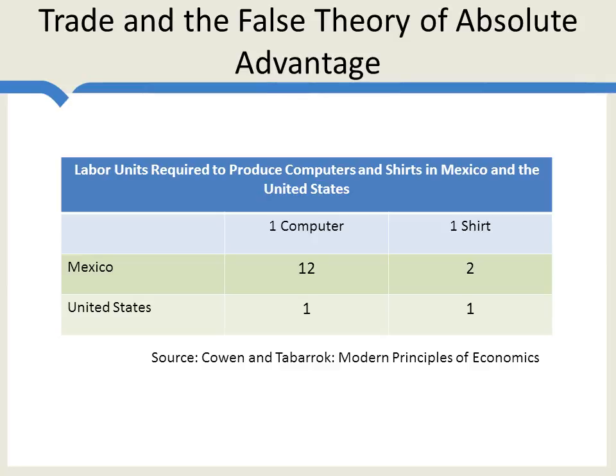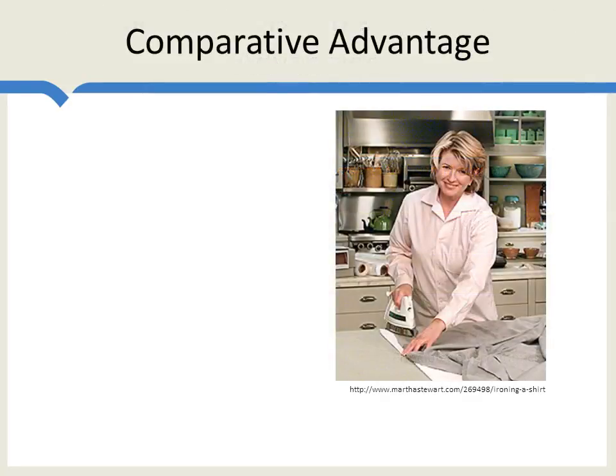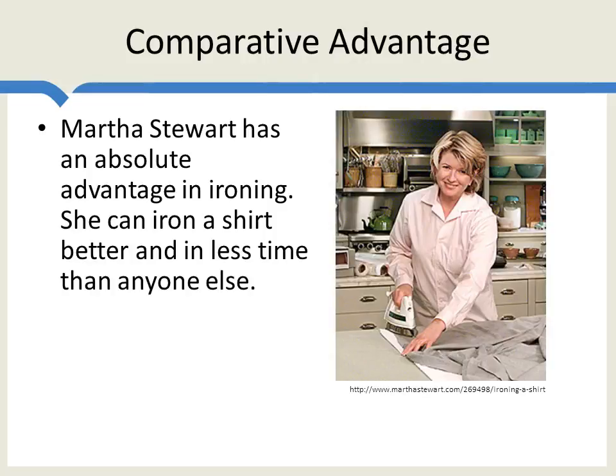To see why it's wrong, let's take another simple example. Here's a picture of Martha Stewart ironing her shirt. Now, let's stipulate that Martha Stewart has an absolute advantage in ironing. She has an advantage in ironing just like the United States had an advantage in producing computers and shirts in the previous example. In other words, we'll stipulate that Martha Stewart can iron a shirt better and in less time than anyone else.